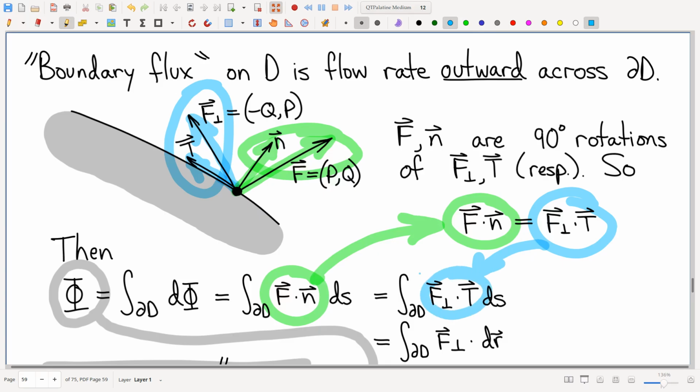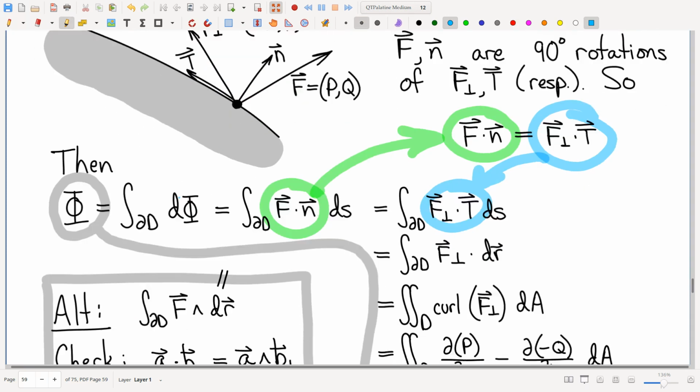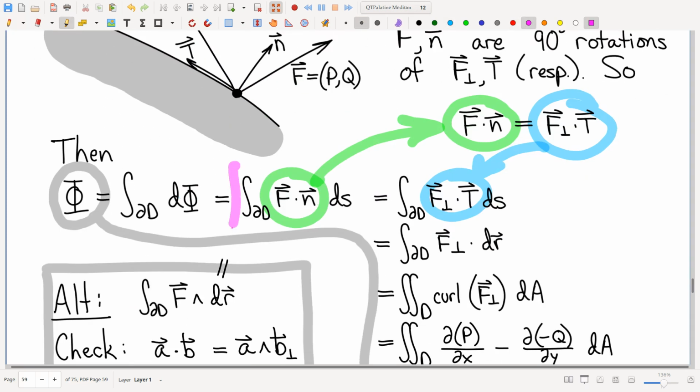This clever little move has turned an integral that we've never seen before, what's the deal with this F dot N ds, into a good old chapter 5 style T ds, regular old vector line integral. Is that all right? Everybody okay with what happened there? This little rotation argument is very clever.